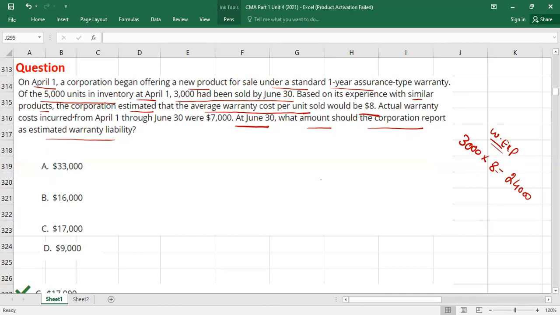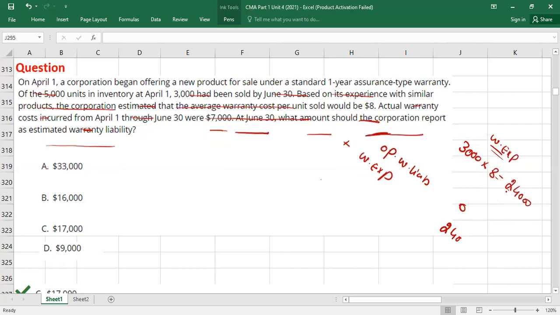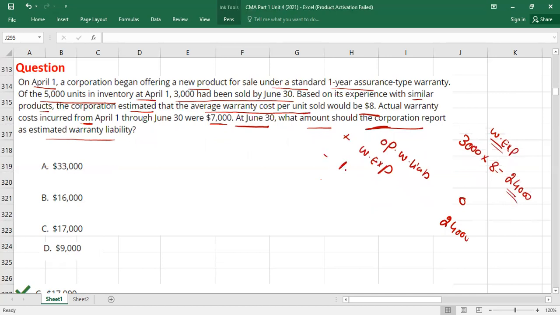Okay. Actual warranty cost incurred, this is the actual payments, from April 1 through June 30 was how much? 7,000. So what is the warranty liability at June 30? You have to write the equation actually. Opening warranty liability 0, plus warranty expense for the period, which is 24,000, minus warranty payments, 7,000.